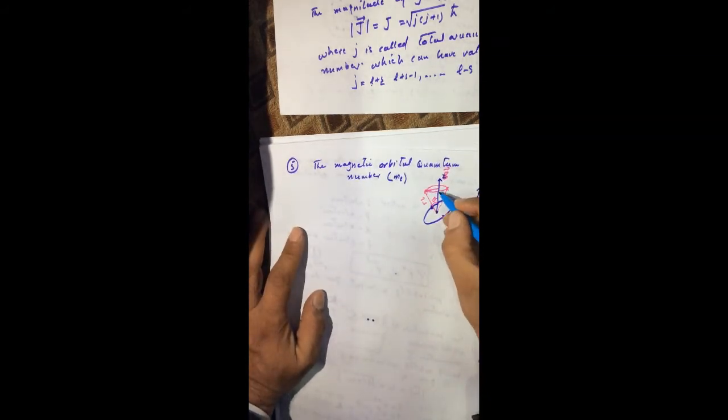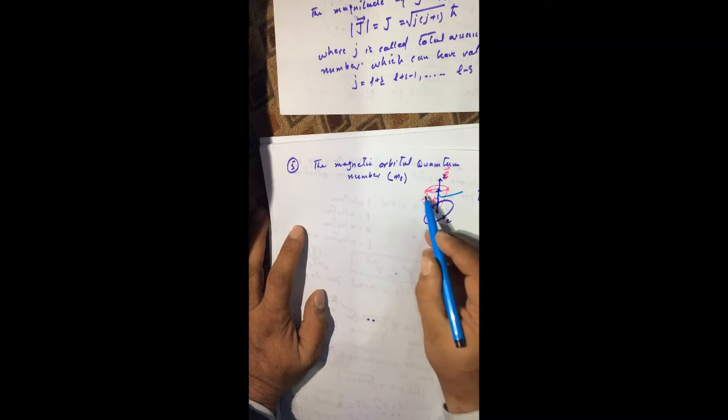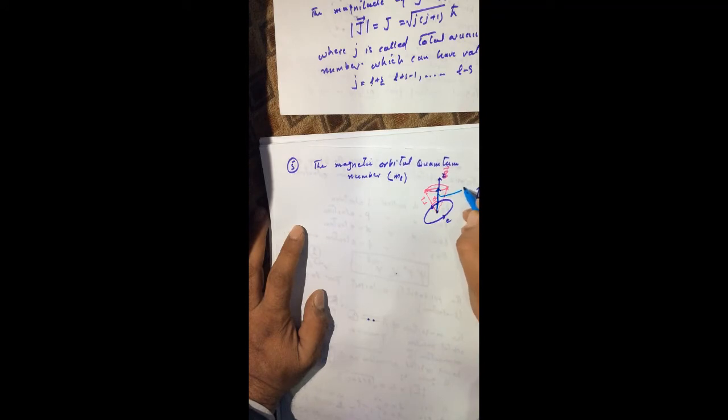This projection of orbital angular momentum on the magnetic field direction we represent by m_l, and this projection is called the magnetic orbital quantum number.